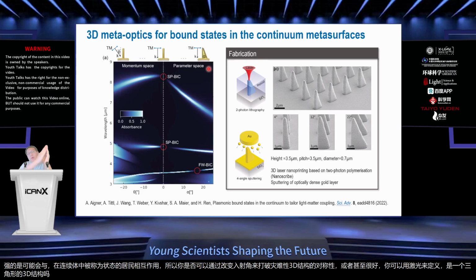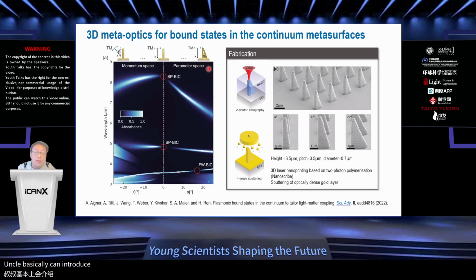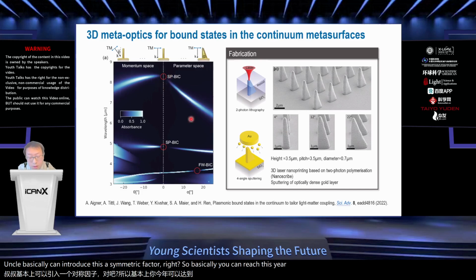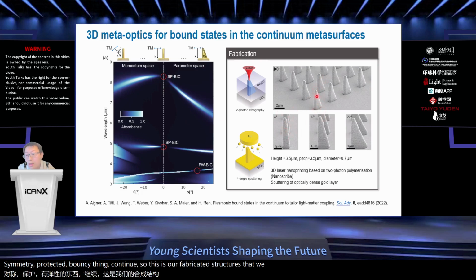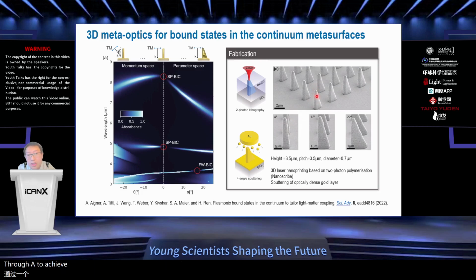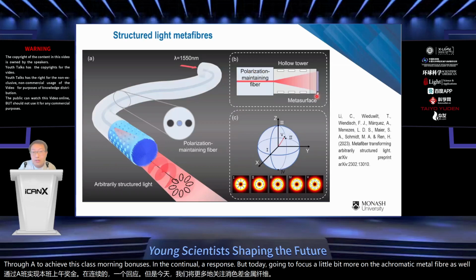The opening angle of this triangle can introduce this asymmetry factor, right? So basically you can reach this symmetry protected bound states in the continuum. This is our fabricated structure that we coated with gold to achieve this plasmonic bound states in the continuum response.